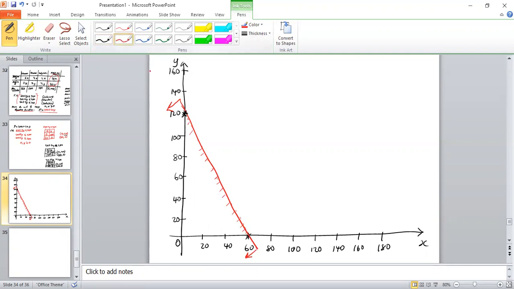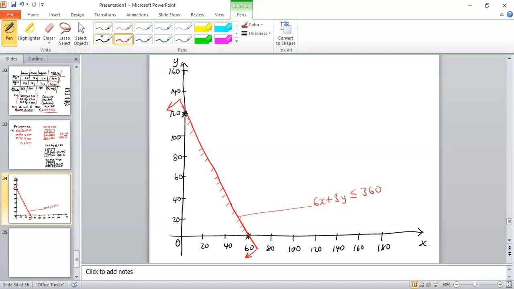So what is the inequality for this line? 6x plus 3y equal to 360.